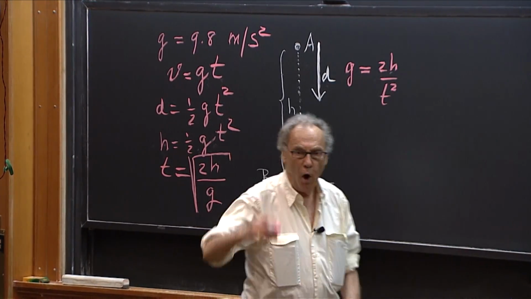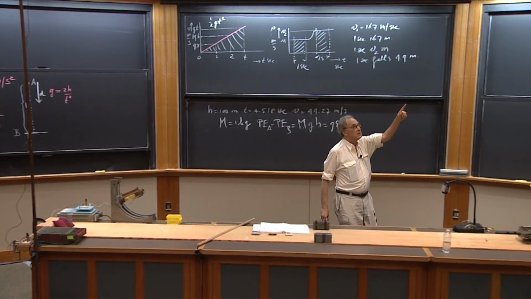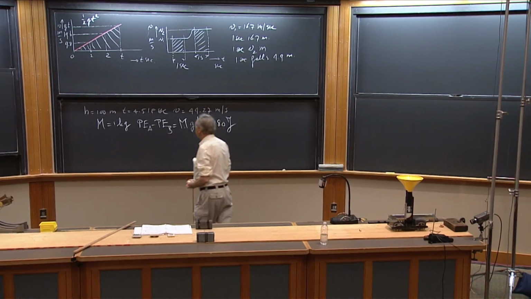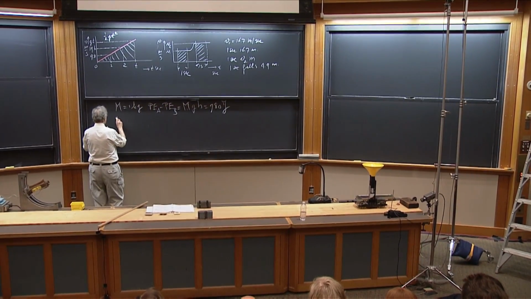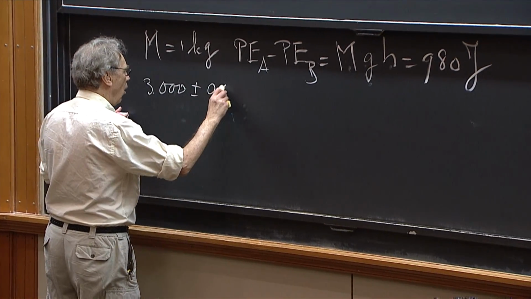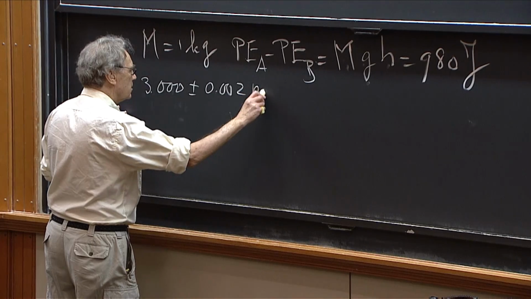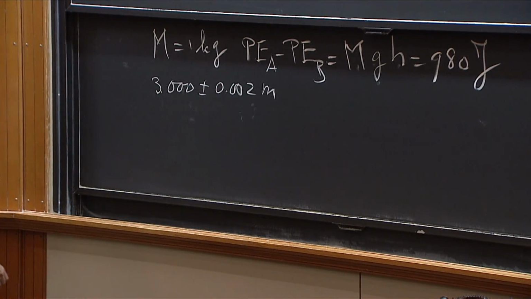So if I have a known height, which I do, which is there, that height is 3.000 plus or minus 0.002 meters. In other words, we know the height only to an accuracy of 2 millimeters.